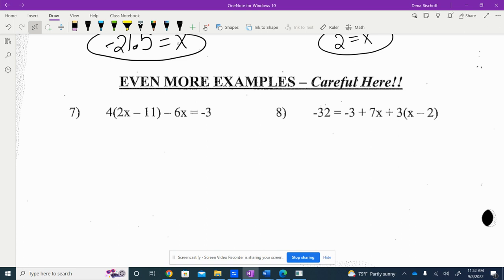Yeah, the 3x, I mean, the 3 times 6. And then I combine like terms.